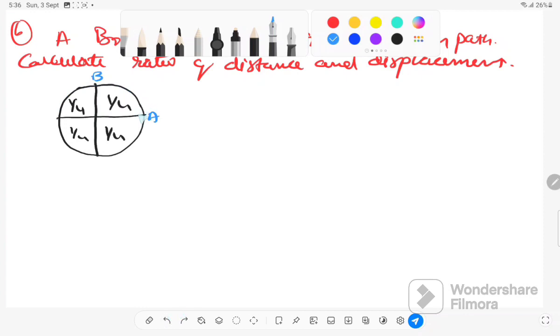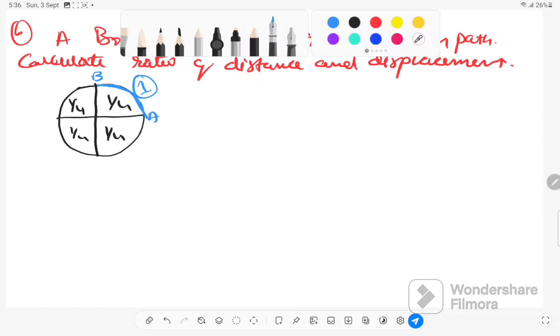But our major focus is that the body is traveling 1/4 of the distance. Now A to B is the distance. We need to find the ratio of distance and displacement.